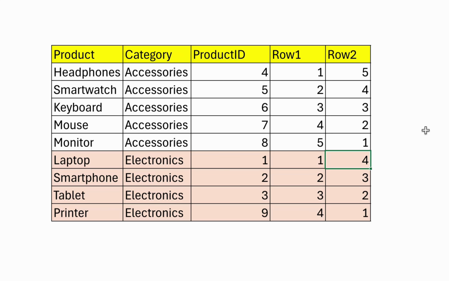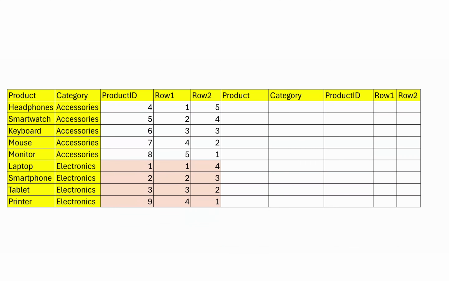we will join this table with itself. That means we will apply the self join, and when we apply the self join, we will get an output like this. So let's try to fill this output. The condition to apply the self join is row1 should be equal to row2, and also category in the first table should be equal to category in the second table.